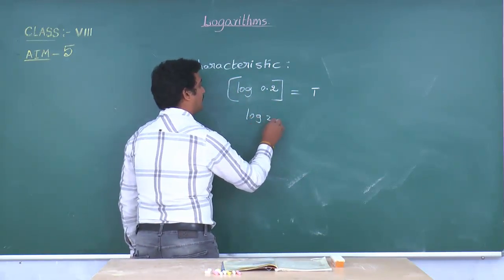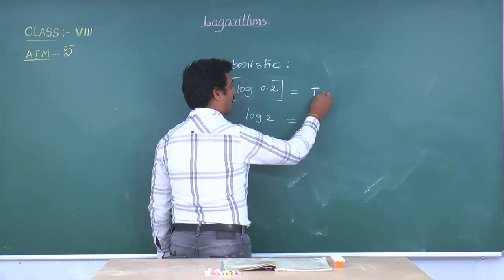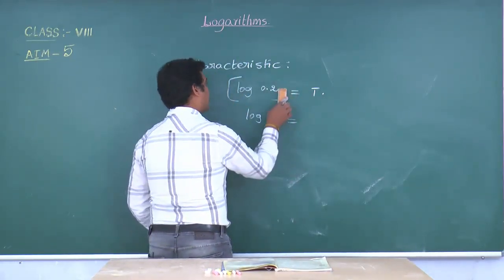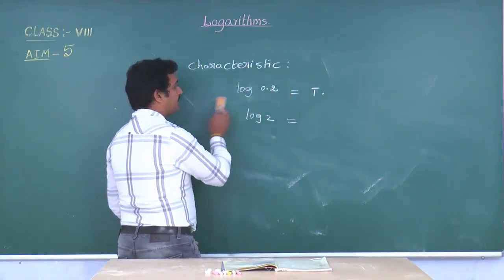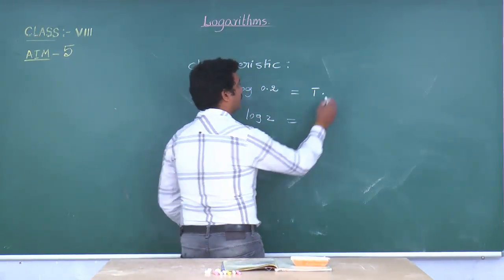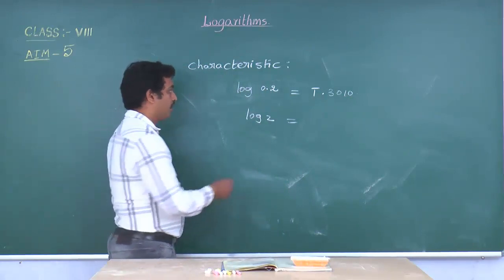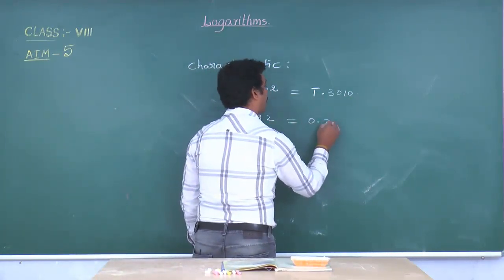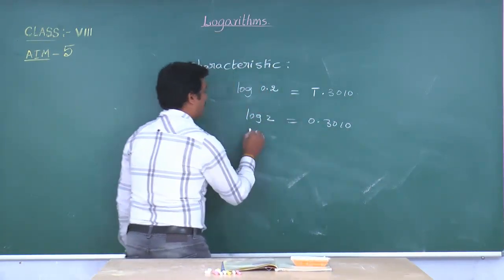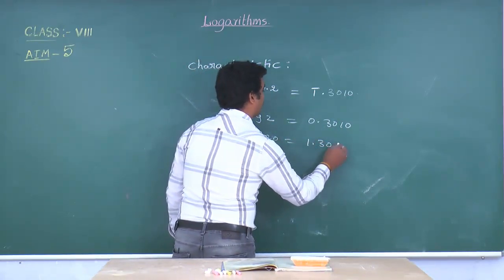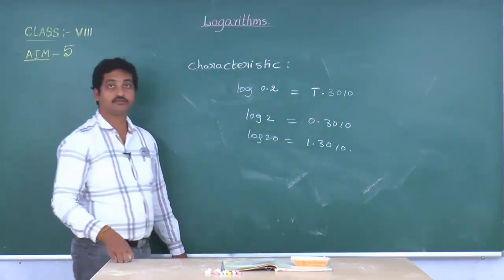Log 2: what is its characteristic? Characteristic is 0 and its value is 0.3010, mantissa 0.3010. Log 2 is equal to 0.3010 and log 20 is equal to 1.3010. And what do you observe, children?